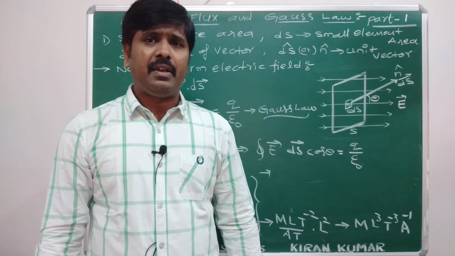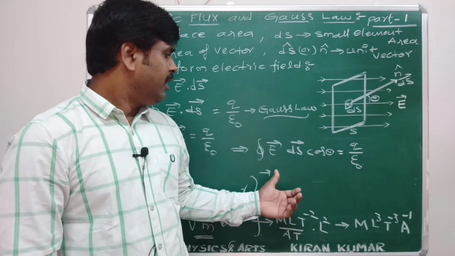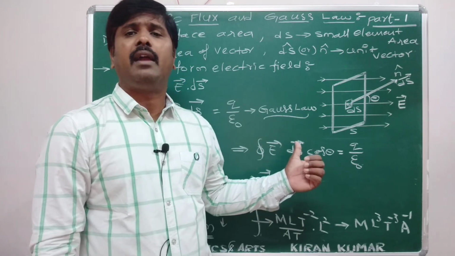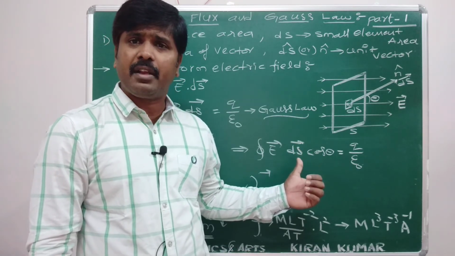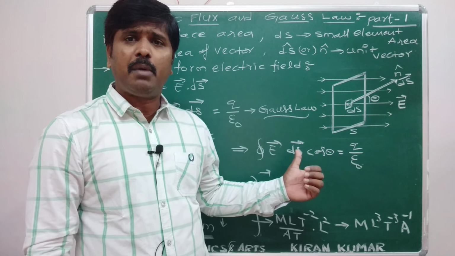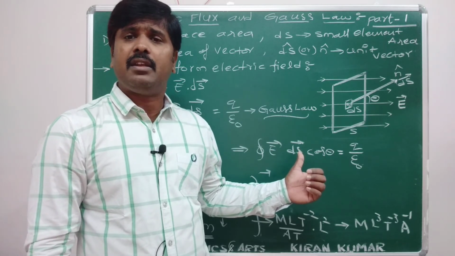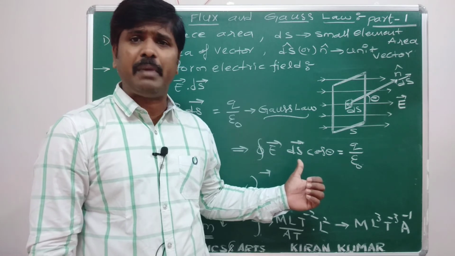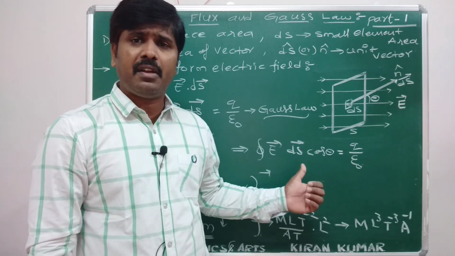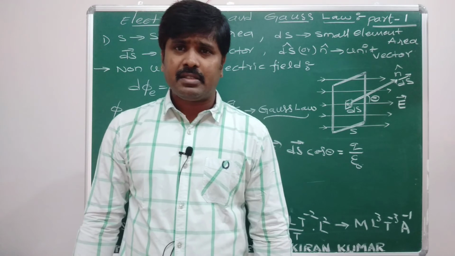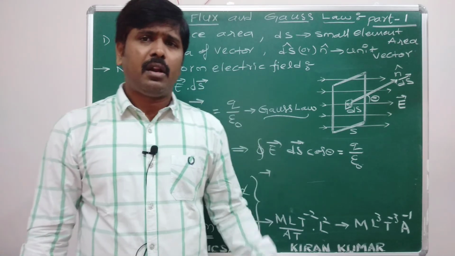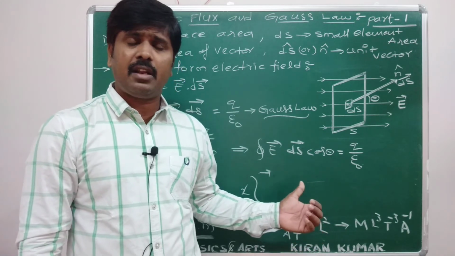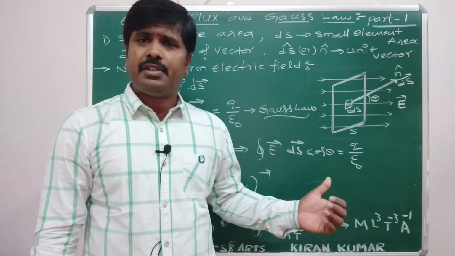For example, a uniformly positively charged body produces a uniform electric field intensity that we can find with the help of Gauss law. Already for Coulomb's law we did it, and 8 part videos are released. This is Gauss law, in which we are also doing videos step by step.